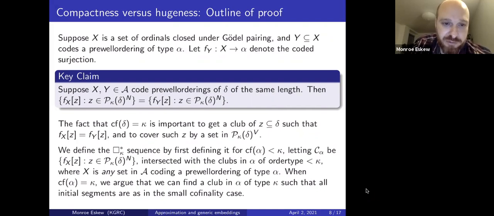So you can sort of define P kappa delta of V just using some surjection, right?